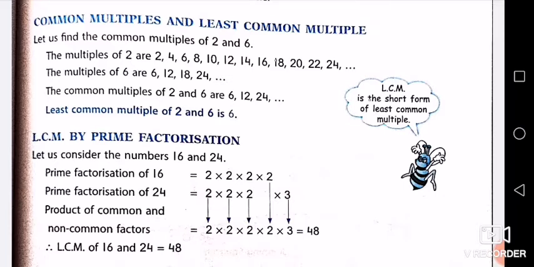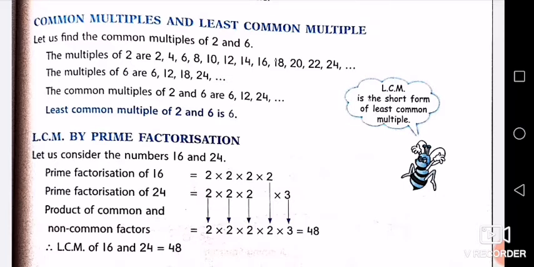So that multiple is called a common multiple, and after that we will find the least common multiple, and the short form of least common multiple is LCM. Fine.